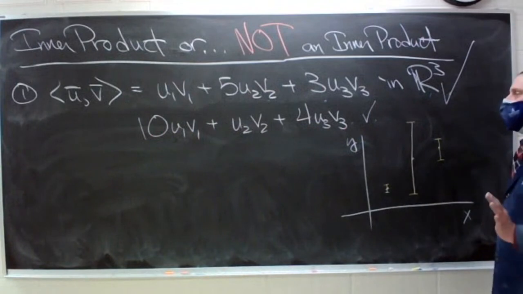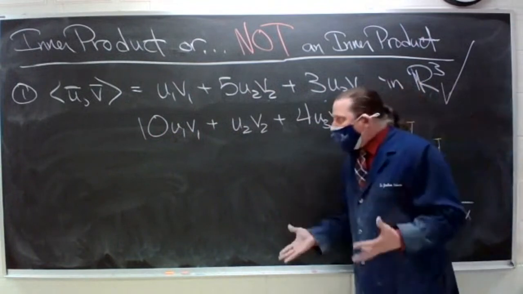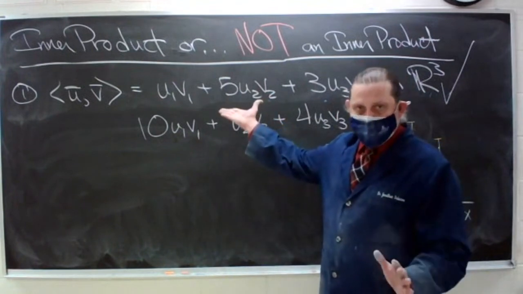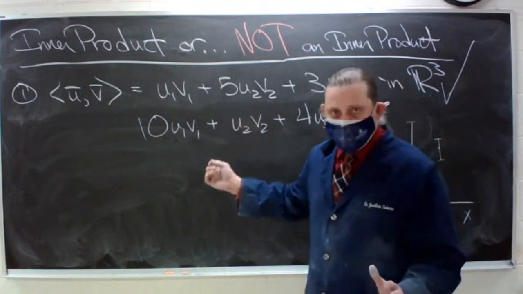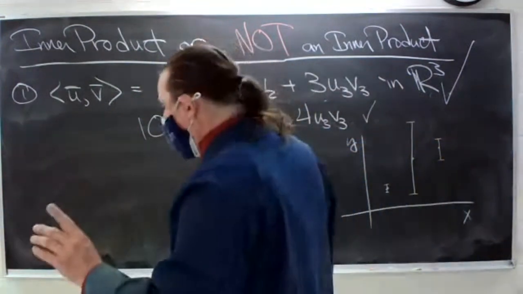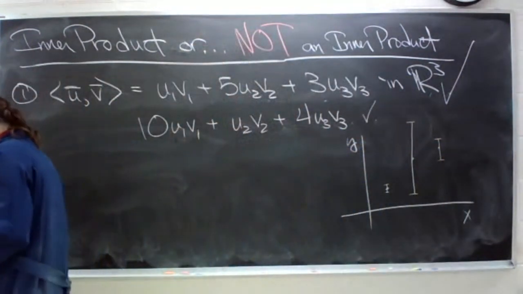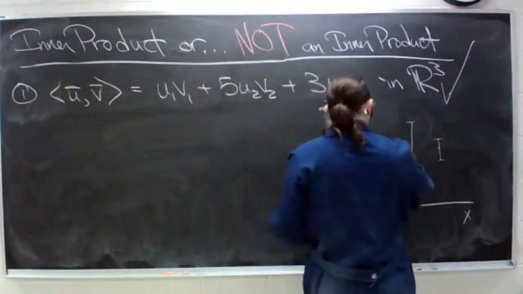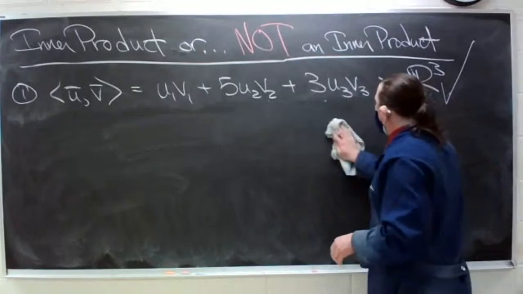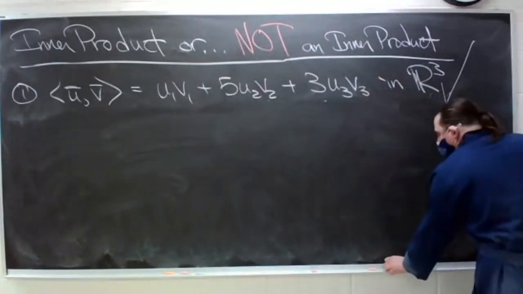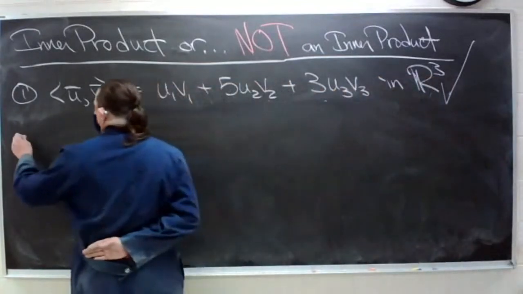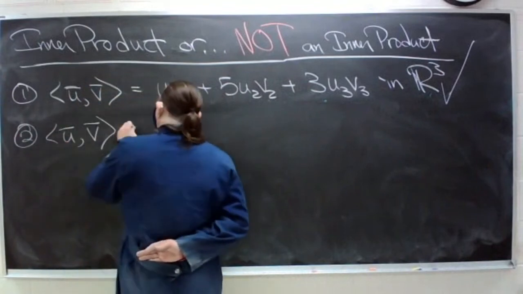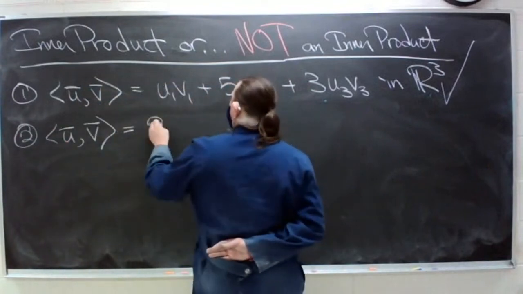So that gives an indication of why I might care about a non-standard inner product. Okay? Now, I can't just change these things however I want to, because what if I had this candidate inner product?